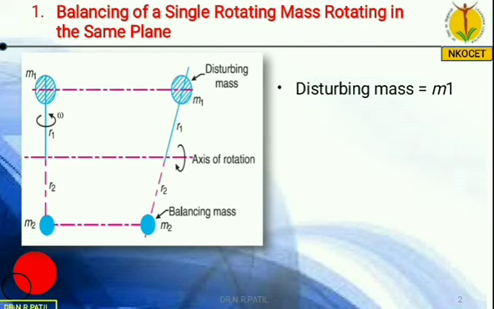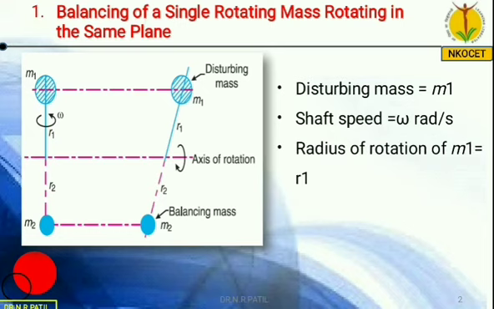Let m1 be the disturbing mass, and the shaft speed is given as omega, that is the angular speed of the shaft in radians per second. The radius of rotation of the disturbing mass m1 is r1.